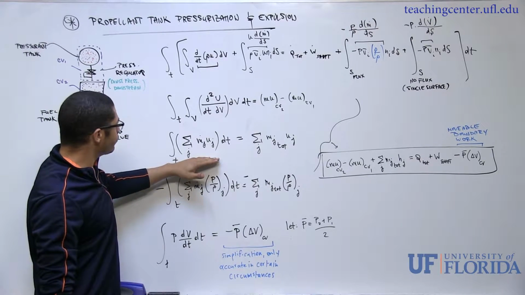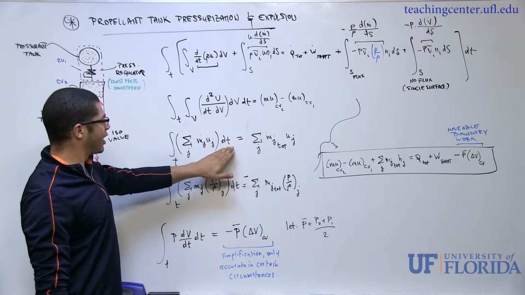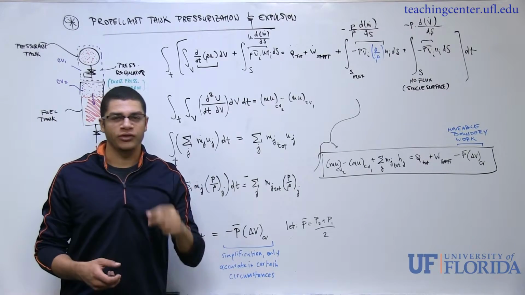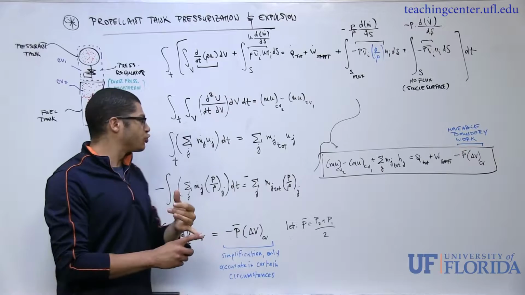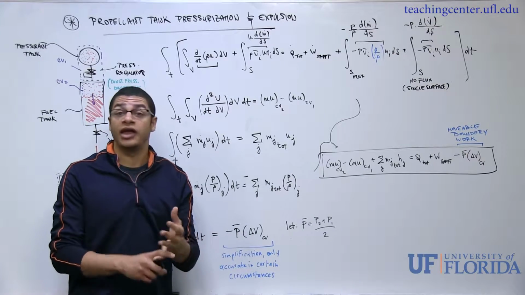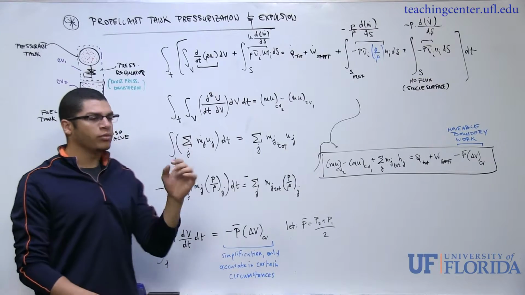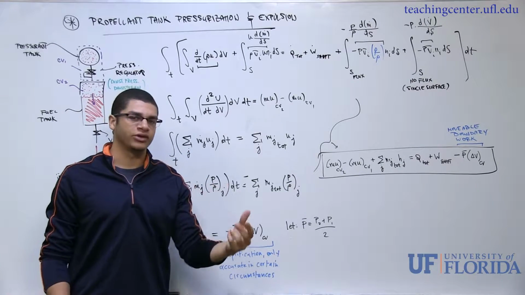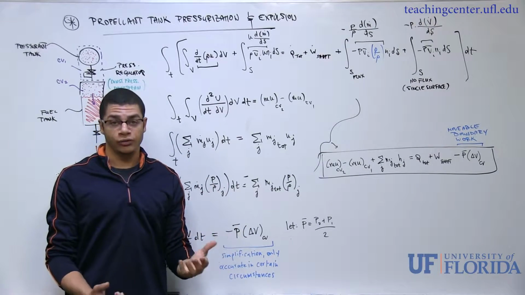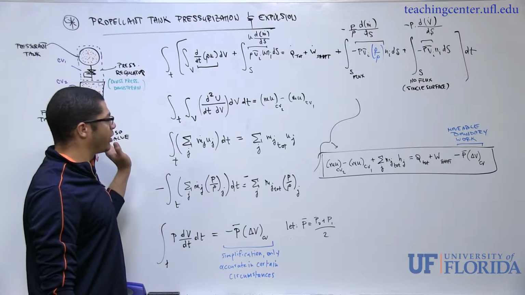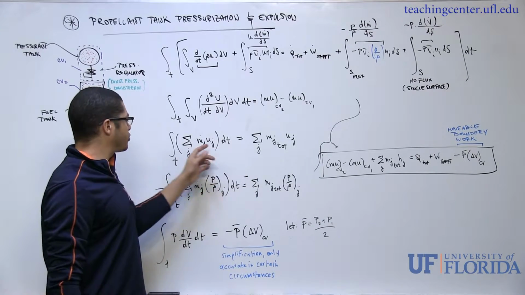And then I'm integrating this with respect to time. At each discrete point on the surface, I'm going to assume that the internal energy is steady, so it's not a function of time, and it's also uniform over the entire cross section of that inflow or outflow. And if I perform this, the u can come out of everything, and the summation can come out as well.